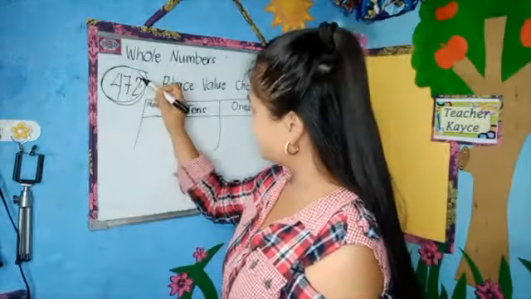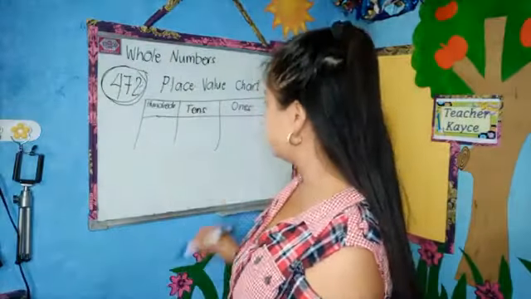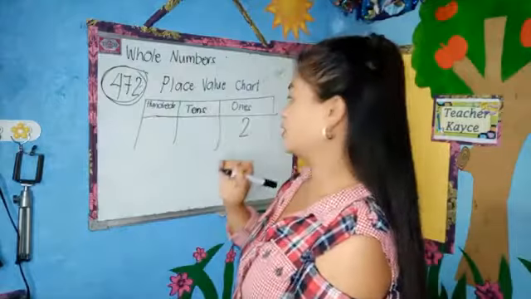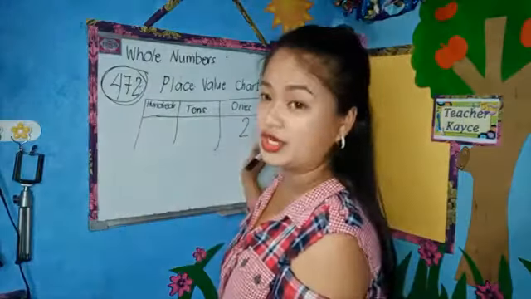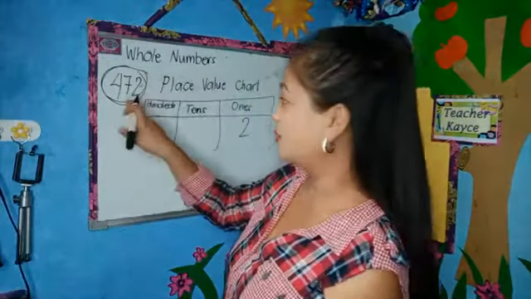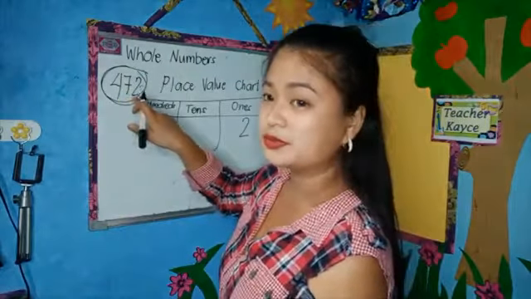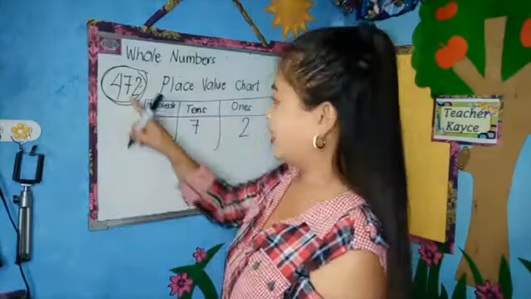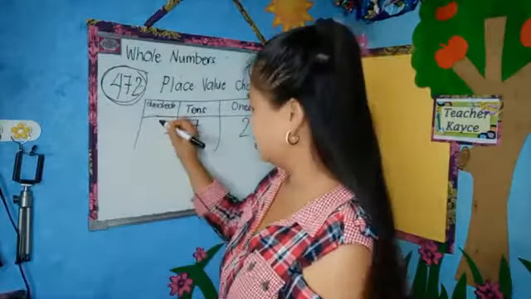We are going to place these whole numbers in your table. The last number, 2, we place in your ones. We place 7 in your tens. And the first number, 4, in your hundreds.